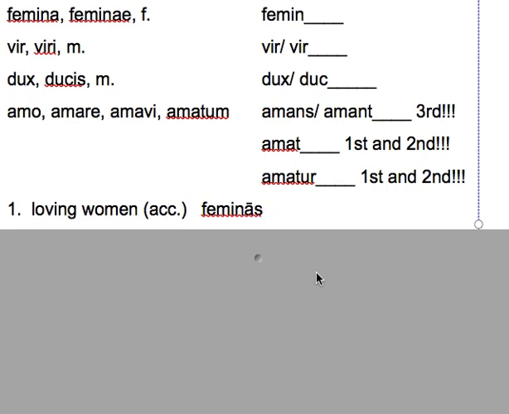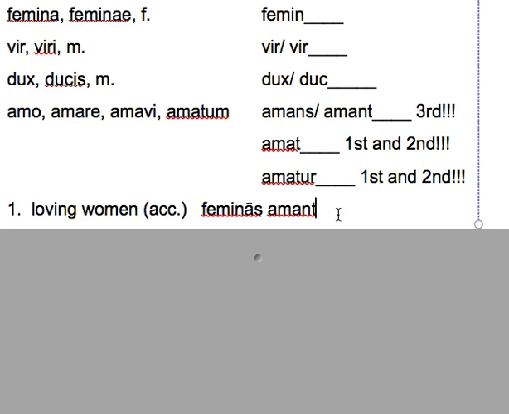Then we go to the word loving. Amans, amantis. Oh my gosh, it takes third declension endings. So we've got to create loving in the accusative plural feminine to agree with feminas, but it has to have third declension endings. So I put in my base, amant, then I think of my third declension, feminine, accusative plural.